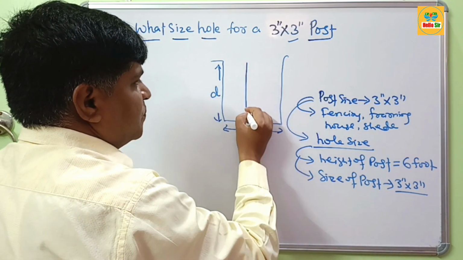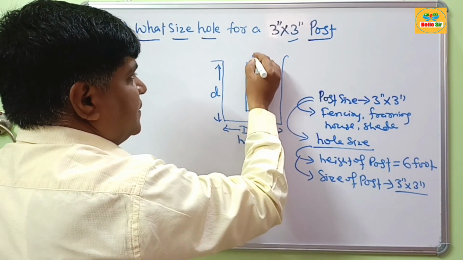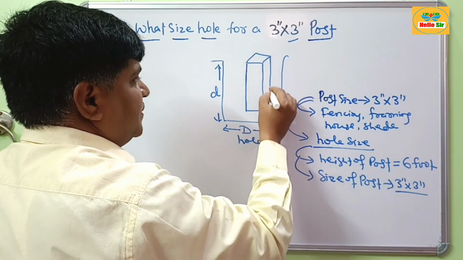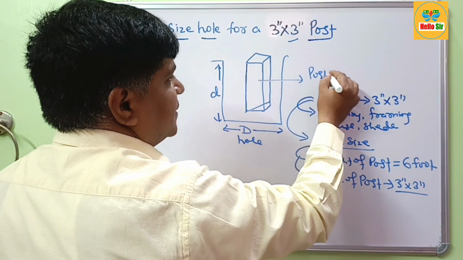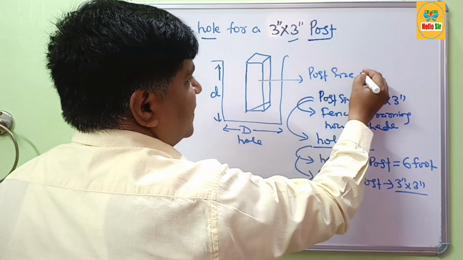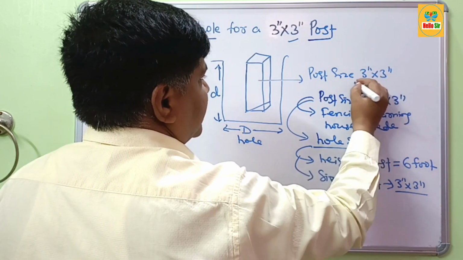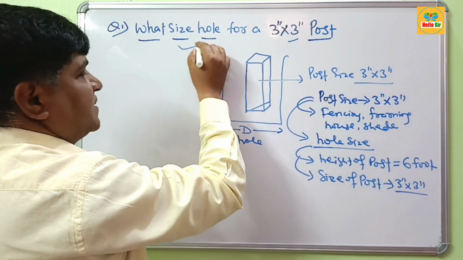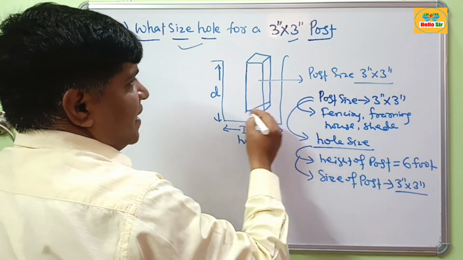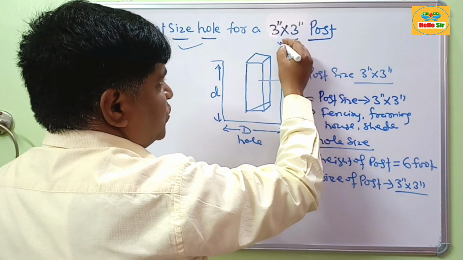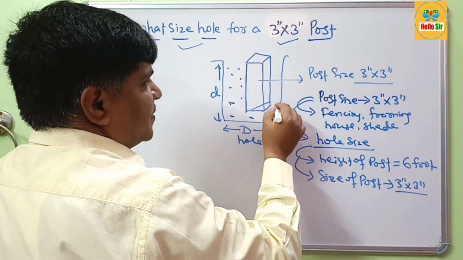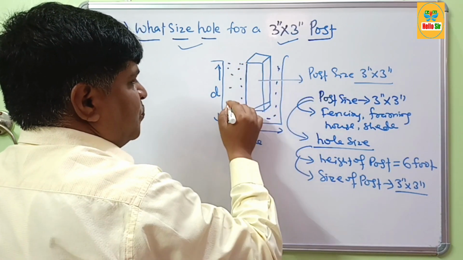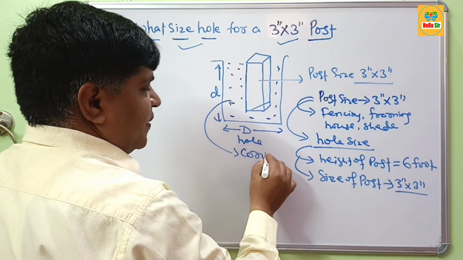This is your post, which has a size of 3 inches by 3 inches. And your question is what size hole is required for this size post. The remaining space is filled with concrete to set the post.